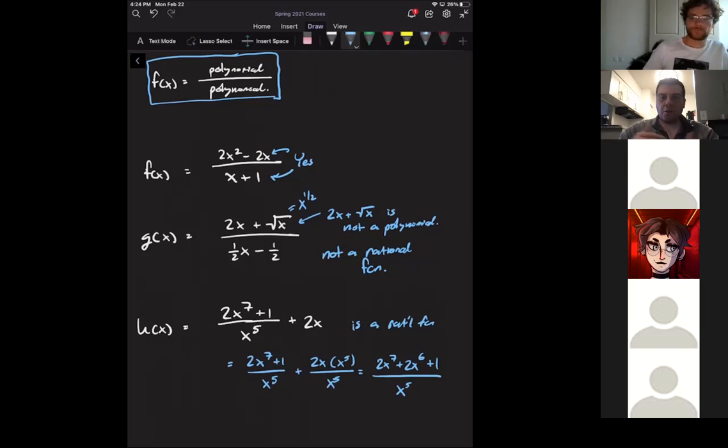So we have to do a little work to make it look like it is the definition. So yeah, this one ends up working, and really there's nothing special about 2x. So if we have a rational function, we add a polynomial to it, that'll always be fine.